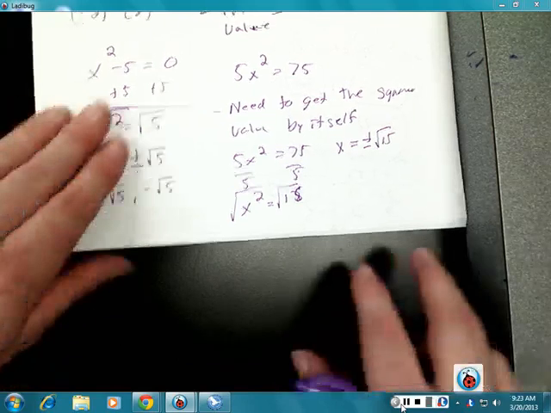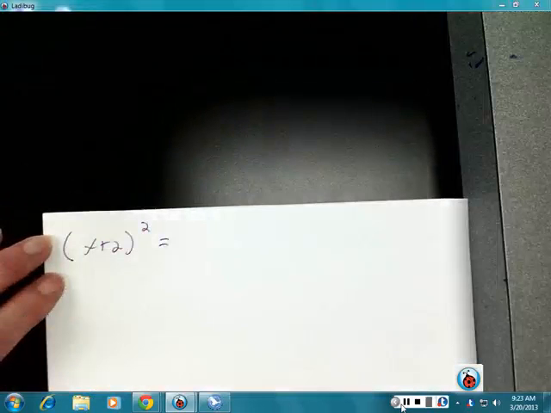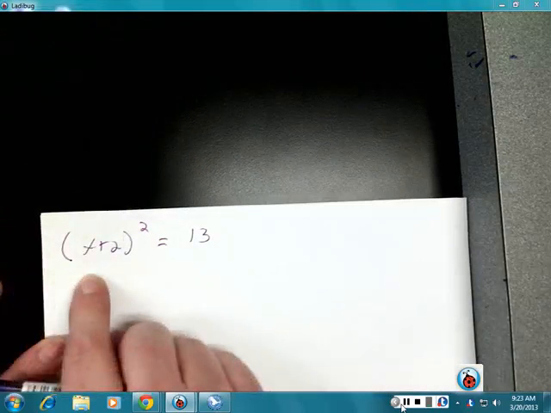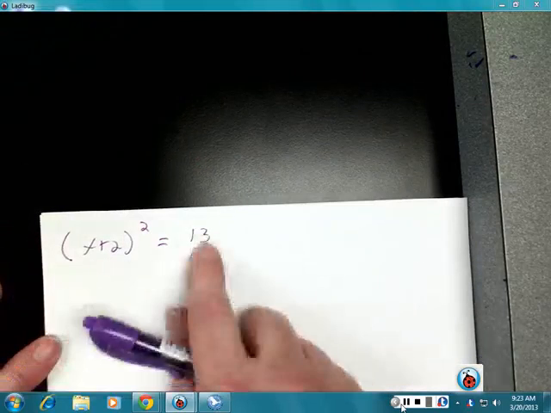If they give you something inside of or connected to that value, such as x plus 2 squared is equal to 13. This squared piece is by itself. So if it's by itself, that's great. 13's all the way over there.